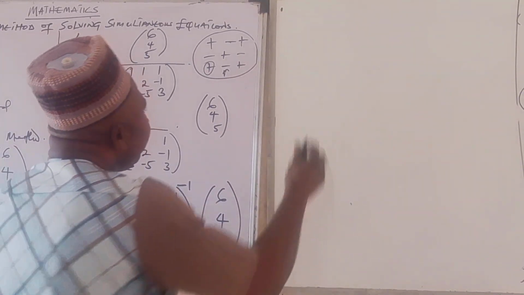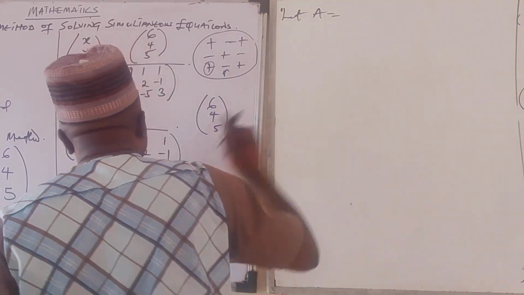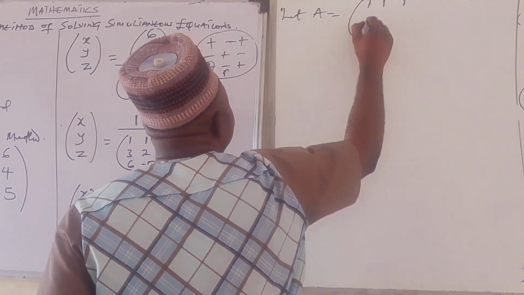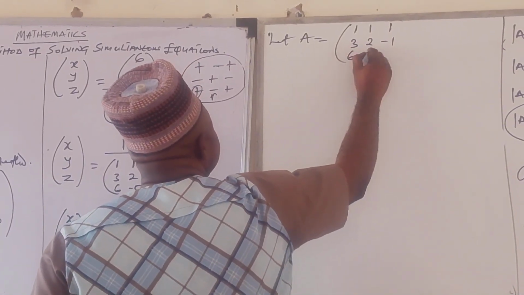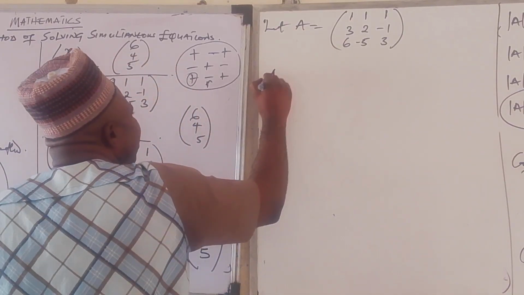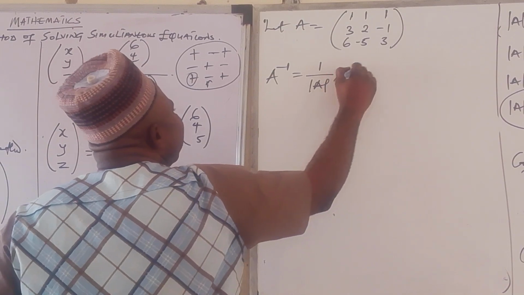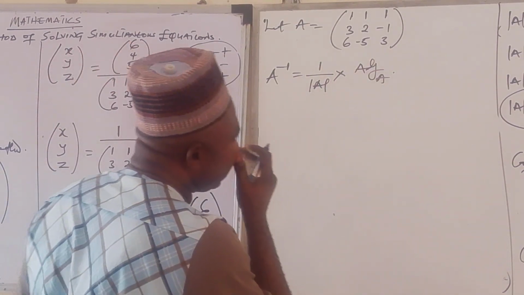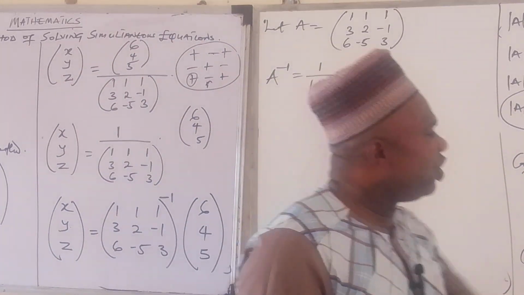Remember we said let A be equal to the matrix, A is 1, 1, 1, we have 3, 2, minus 1, we have 6, minus 5, and 3. And we concluded that A inverse is 1 all over the determinant of A times the adjoint of matrix A. Now we have all these elements: we have the determinant to be minus 41, and we have the adjoint to be this.